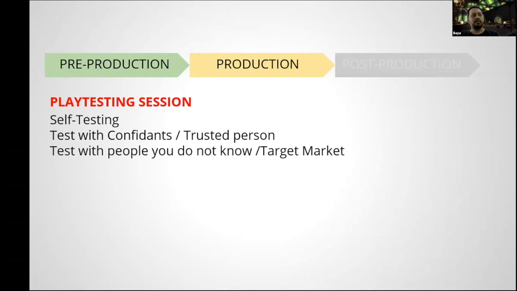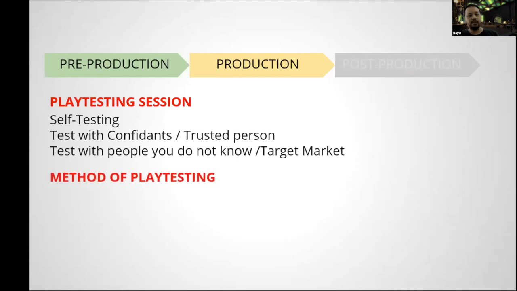And also you can test with people you don't know, or your target market. You go to a cafe and ask people, do you have time? Can you play this game? And you observe them. So those are the three types of playtesting that you can use.